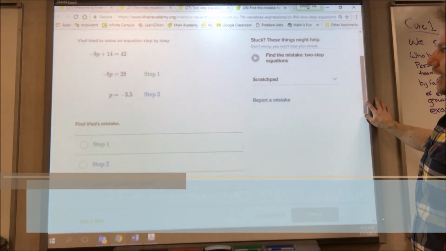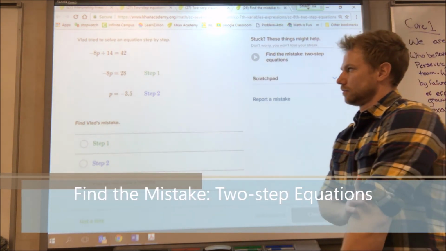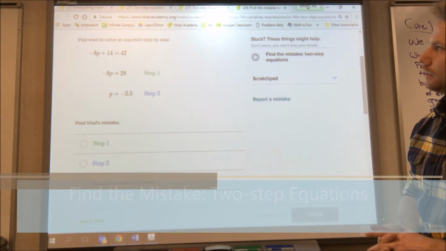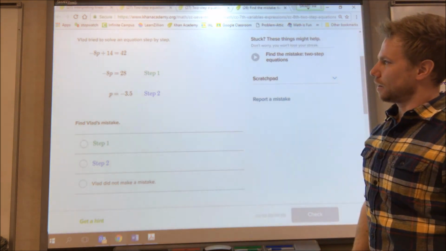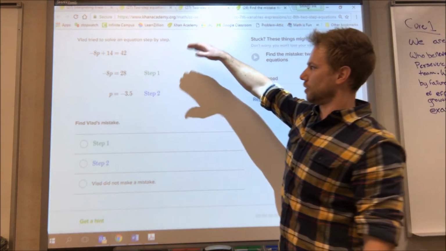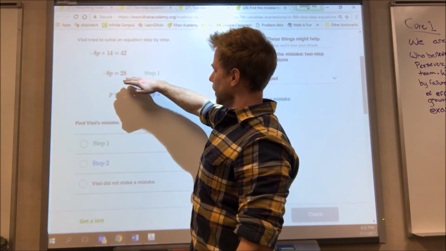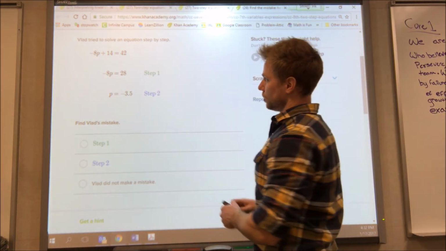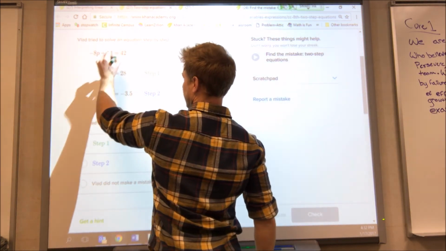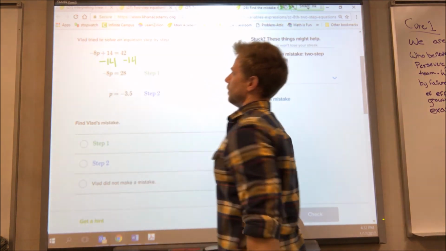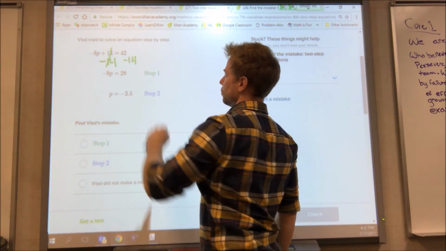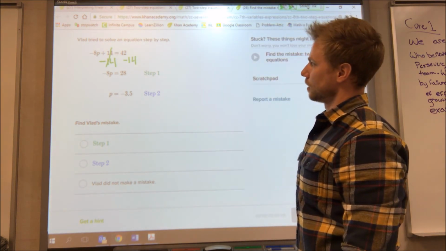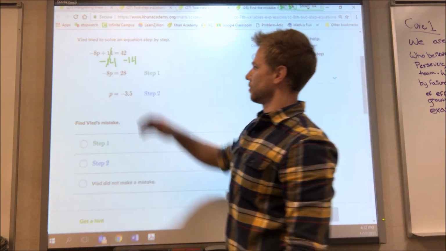Okay, here we have to find the mistake. Find the missing step. So Vlad tried to solve an equation step by step. So we have to make sure these steps are correct. So he gets 28. What we should do is subtract 14 on both sides, opposite of what you see. 42 minus 14 does turn out to be 28, so that is correct.